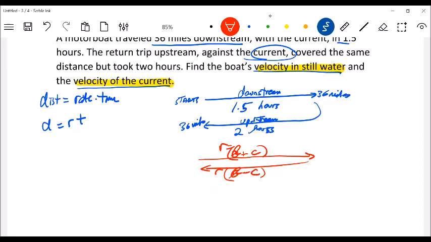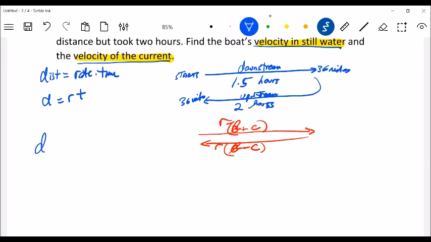So now let's take a look over here at the distance and rate times time. So distance equals rate times time. Let's talk about it for downstream. The distance is 36 miles. The rate is the boat plus the current.